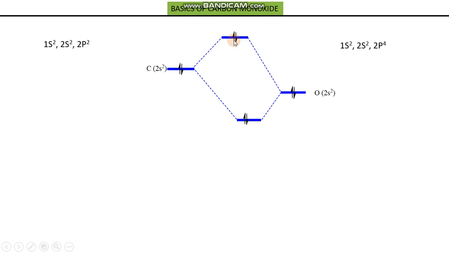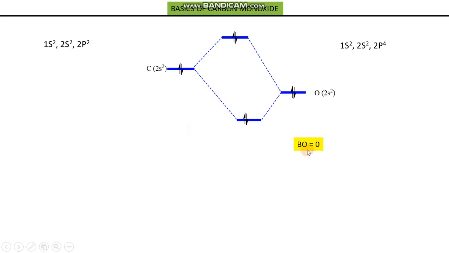Since we have 4 electrons, we place 2 electrons in the bonding molecular orbital and we are left with 2 electrons. Those 2 electrons we have to shift to the sigma star orbital. Now we have dealt with all 4 electrons. So there are 2 electrons in the bonding molecular orbital and 2 electrons in the anti-bonding molecular orbital.